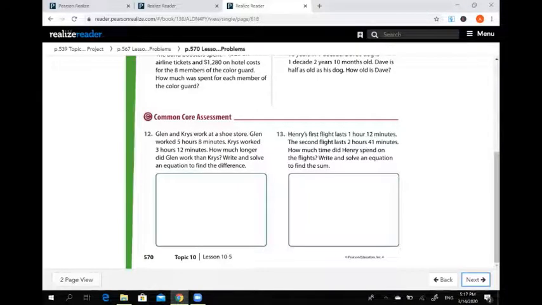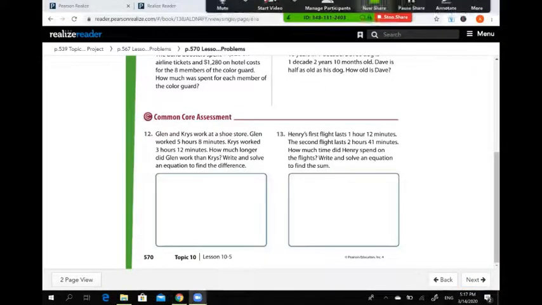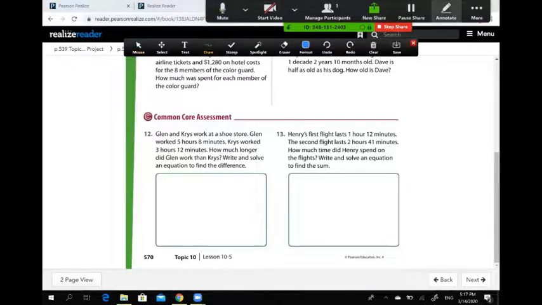Okay, question number 12. Glenn and Grace work at a shoe store. Glenn worked 5 hours, 8 minutes. Grace worked 3 hours, 12 minutes. How much longer did Glenn work than Grace? Write and solve an equation to find the difference. So how much longer means we should subtract to know.